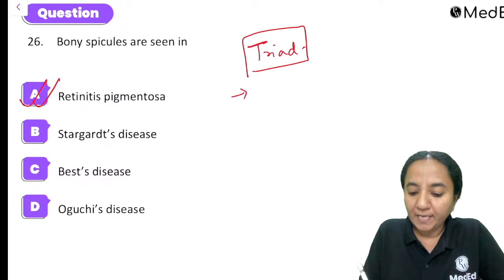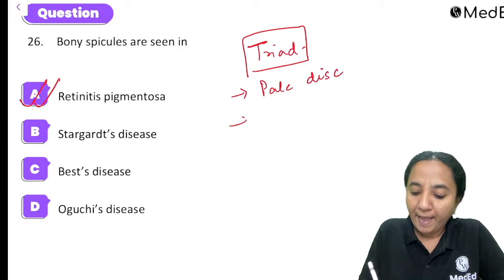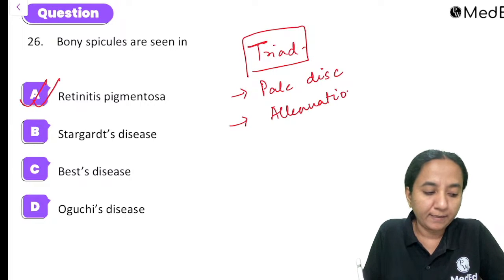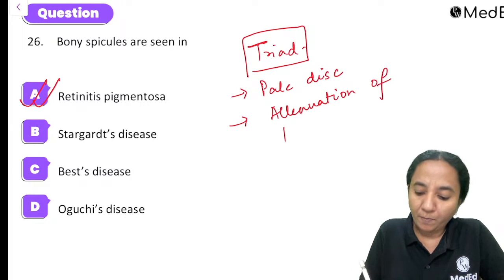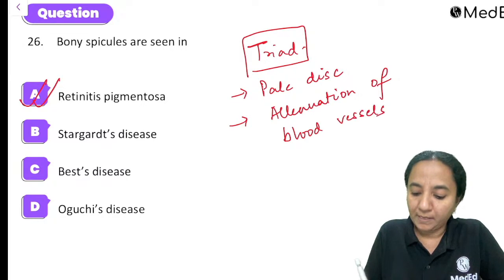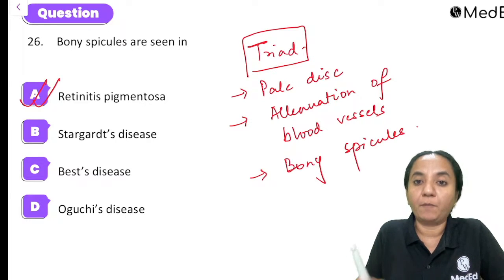Please memorize this: pale disc, attenuation of the blood vessels, and bony corpuscles, or bony spicules. This is the triad of signs in retinitis pigmentosa.